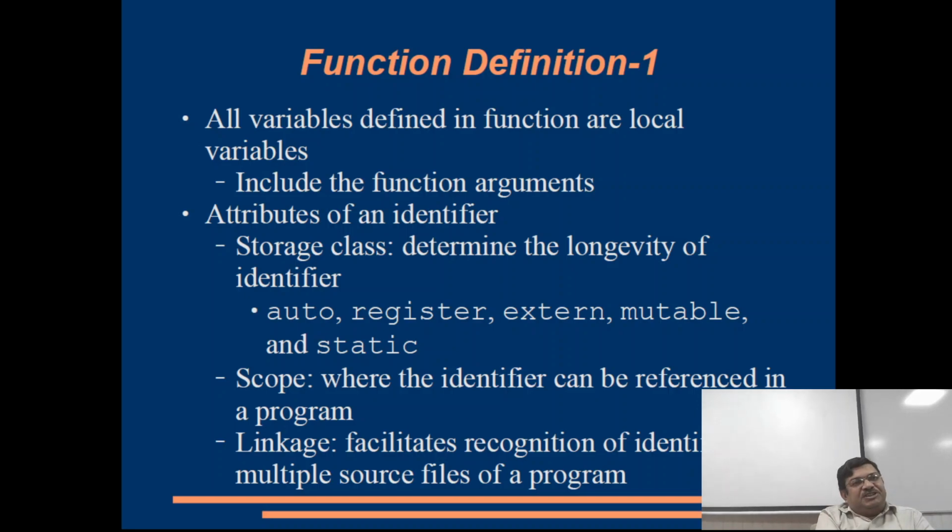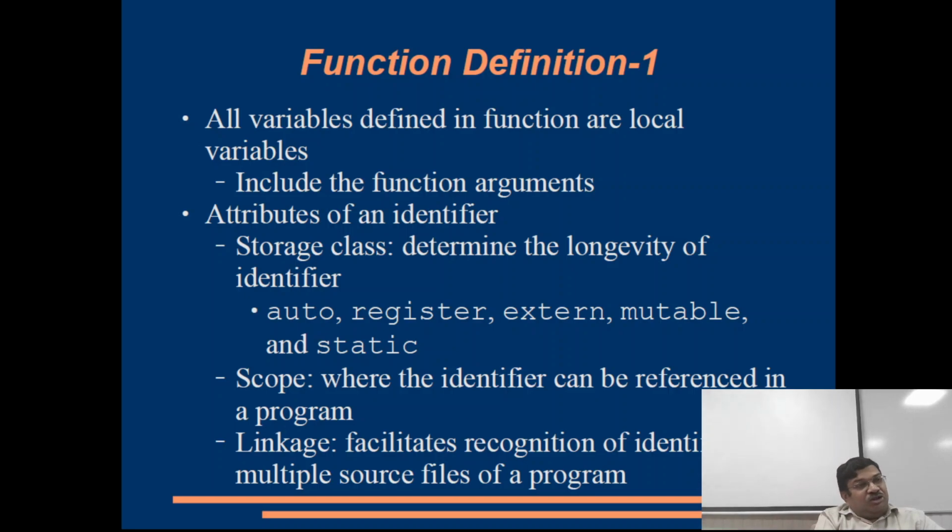So when you define a function, all variables defined in the function are local variables. Those are not visible outside. So every function has its own namespace, and that is a private namespace of that function. Outside that, it is not known. Those names, those identifiers are not visible outside that function, right?